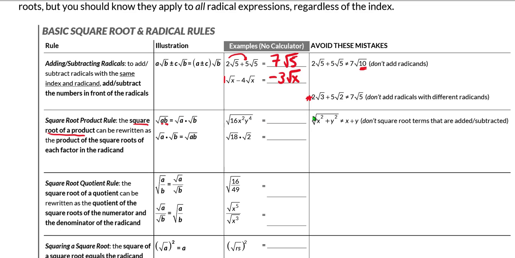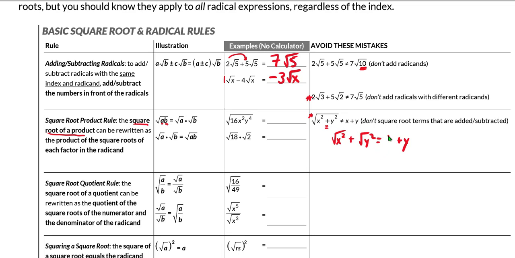I do want to jump over here before we do these examples and just say that this rule does not apply when you are adding or subtracting terms inside the radical. In other words, you cannot rewrite root x squared plus y squared as root x squared plus root y squared and get x plus y. That is not allowed. That has never been. I shouldn't actually put that equal sign there.